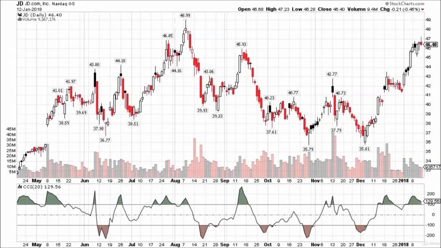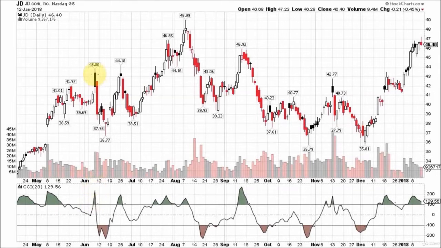Now, the CCI not only gives good buy signals, it also gives great sell signals. On this chart alone, let's start right here. There is 1, 2, 3, 4, 5, and 6 good ones that worked easily. Right here, let's try this one.